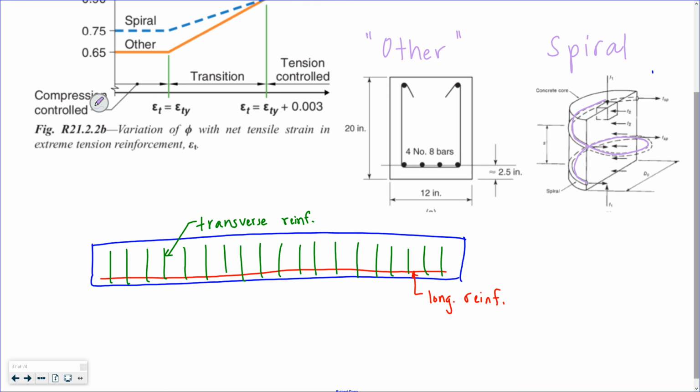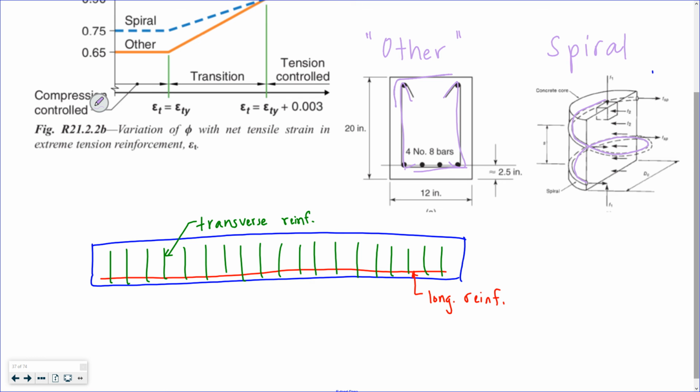Probably because it could be a stirrup or a tie, which might just be one little piece and another, not connected at the top.